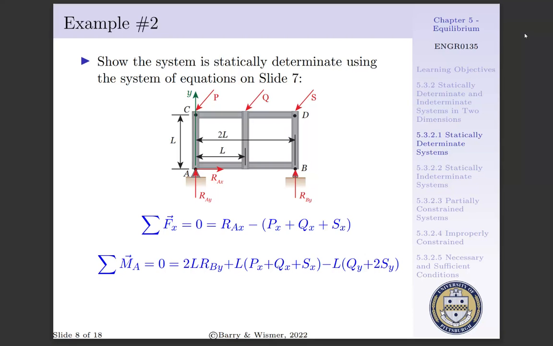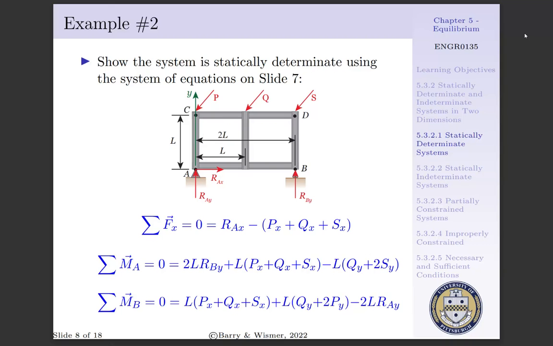We see Qy acts on a moment arm of L, and Sy acts on a moment arm of 2L, creating a clockwise rotational tendency. Thus, our summation of moments about point A set equal to 0 gives us 2L RBY plus L times the quantity Px plus Qx plus Sx minus L times the quantity Qy plus 2Sy, and this is equal to 0. Thus, we can solve for RBY.